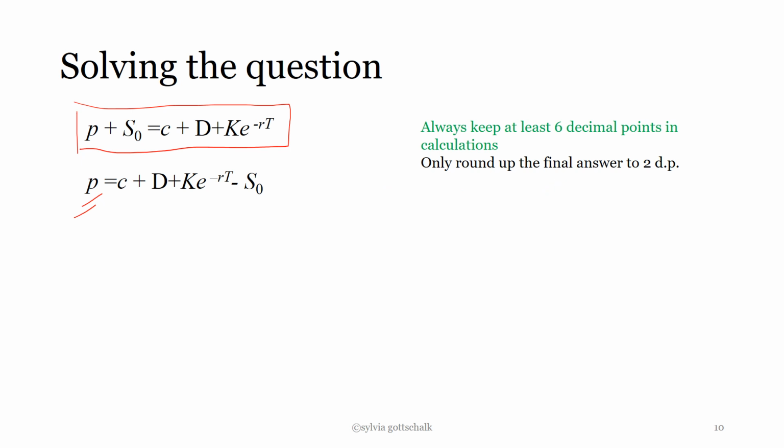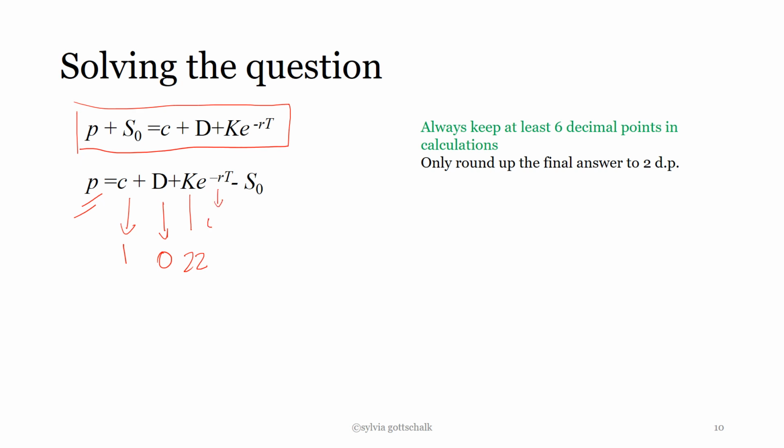Now all you have to do is plug in the values. So we have seen that C, the price of the call, is 1. D is 0 because there's no dividend. So if you want, reread the question, it says a non-dividend paying stock. Non-dividend means dividend is 0. Your strike price was 22.